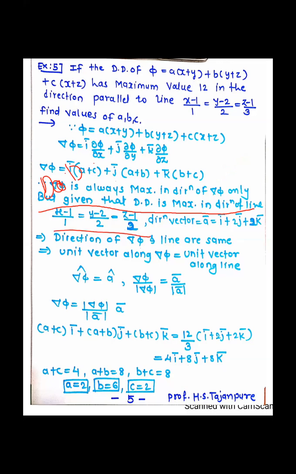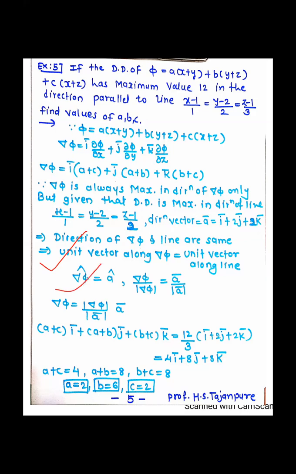So again, write here the direction vector. Now this implies the direction of del phi and the line are the same. And as the direction of del phi and the line are the same, this implies the unit vector along del phi is equal to the unit vector along the line.